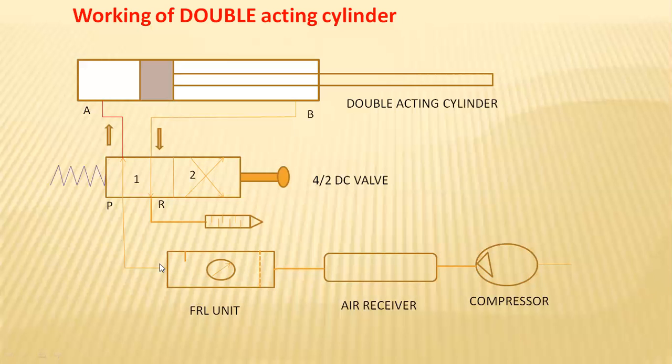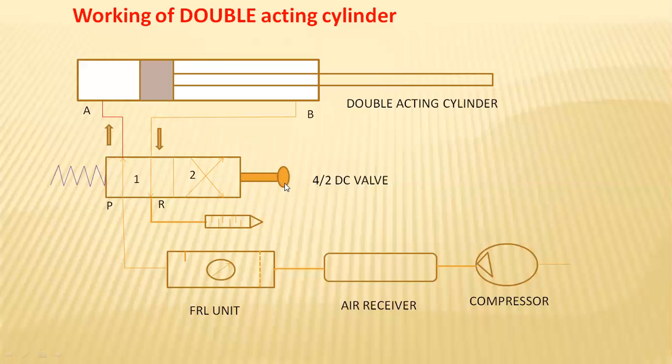The compressed air is filtered and regulated to a nominal pressure, and lubrication is added to the pressurized air, and it enters at the initial position. It enters directly without activating this particular piston and cylinder.